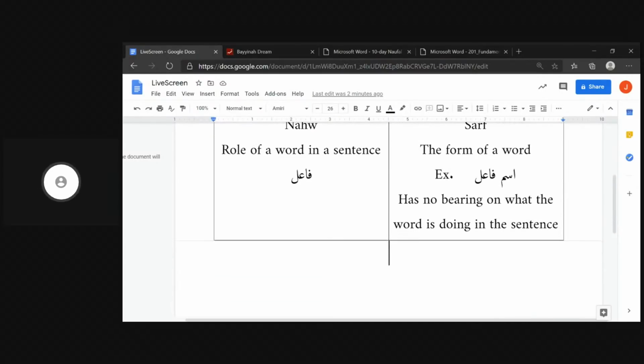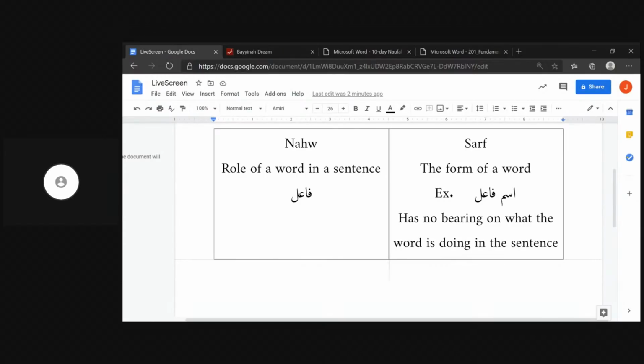Now I'm going to give you an example. An example of an ism fa'il is Muslim, right? Aslama yuslimu islaman fahuwa muslimun. I can tell you Muslim is an ism fa'il just by looking at the word Muslim. I don't even need a sentence yet. It's not in a sentence, but I can still tell you it's an ism fa'il.